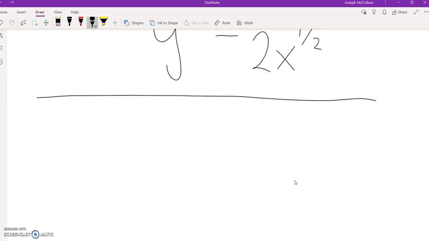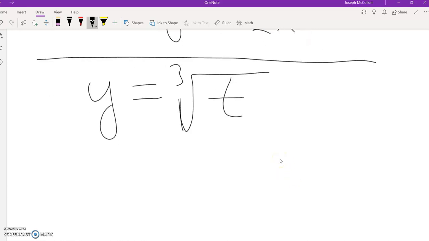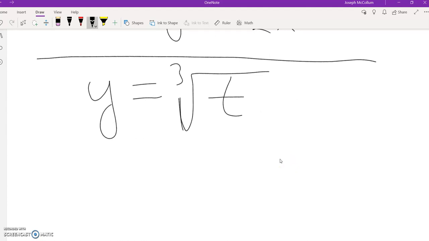So we took care of a radical. Well, let's do another one just to make sure we're clear. Y equals, and it doesn't always have to be the variable x. I'm using x because of the technology I'm using. But let's say we have the cube root of t in case we're doing a time variable, whether it's physics or business example. We have the cube root of t. Well, once again, I would use a rewrite.